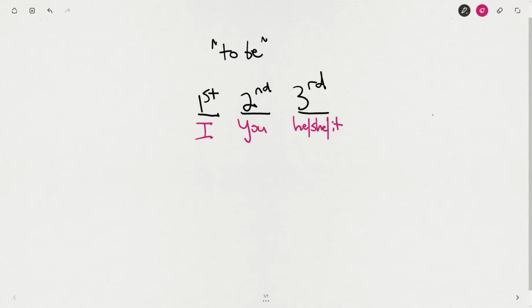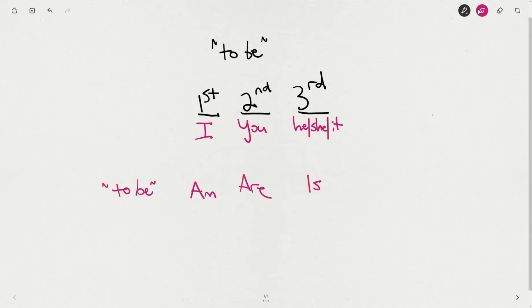And in English, the verb to be has forms I am, you are, he, she, it, is. So to be in English is am, are, is.